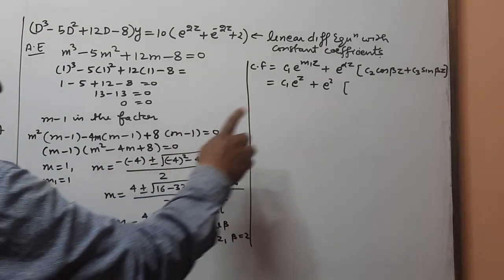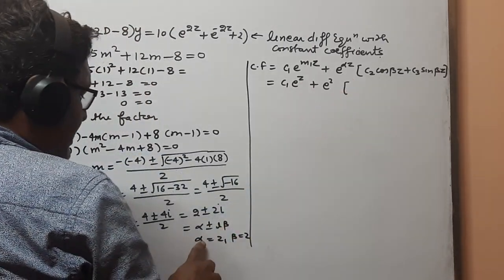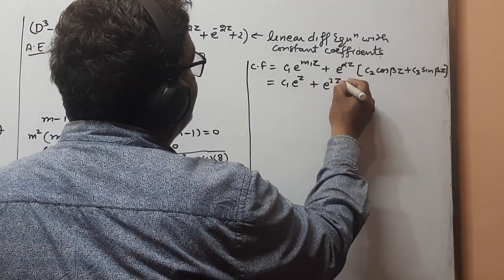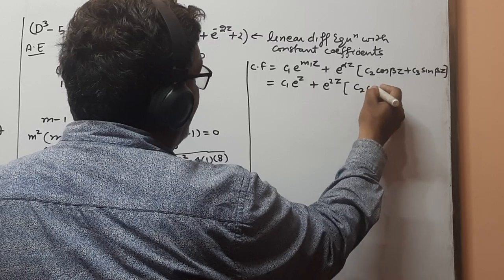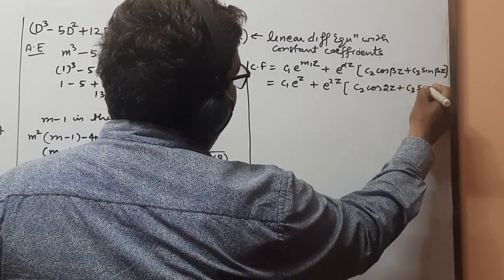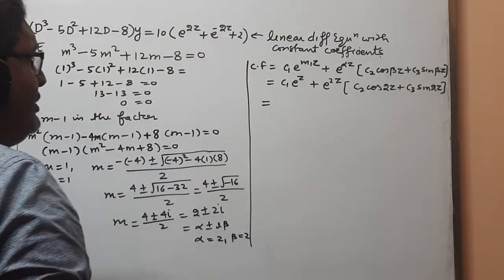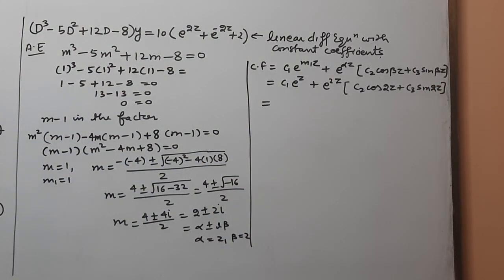Here m1 is equal to 1, so we get c1 e to the power z, and alpha is 2 here, so we get e to the power 2z, and c2 cos 2z plus c3 sin 2z.